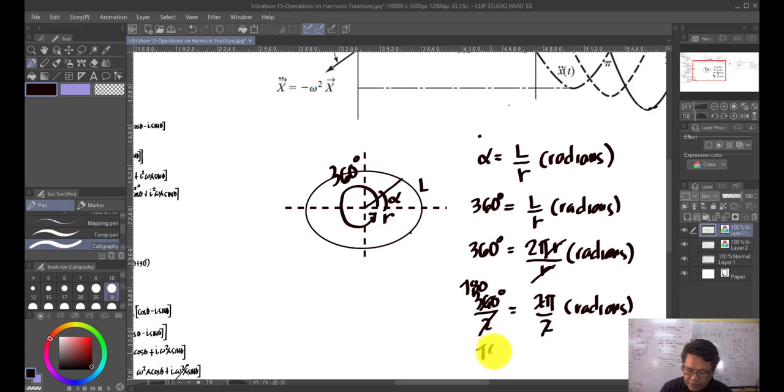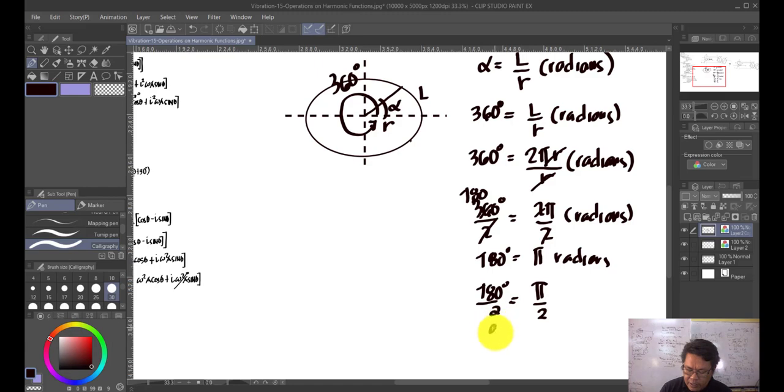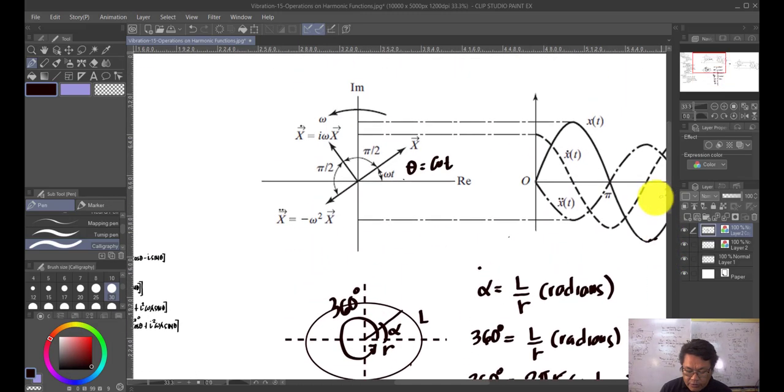So it means that 180 degrees is equal to pi radians. Again, if I further divide 180 degrees by 2, this becomes pi over 2, and this is now 90 degrees. So here we have pi over 2.